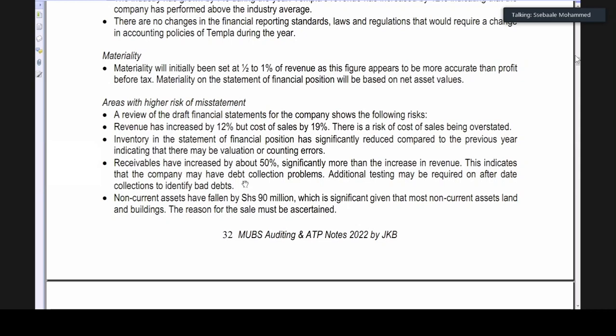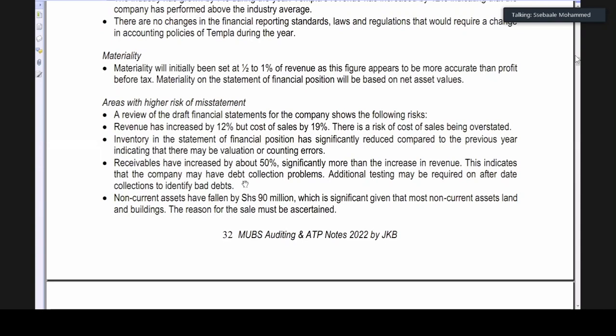And this is made worse given that there is a change from a manual accounting system to a computerized accounting system. There's a possibility that when they were migrating the revenue figures from the manual to the computerized system, something was left out, okay?